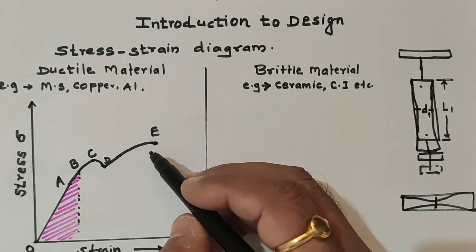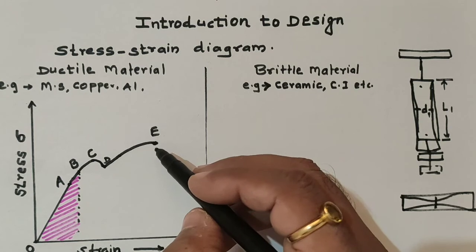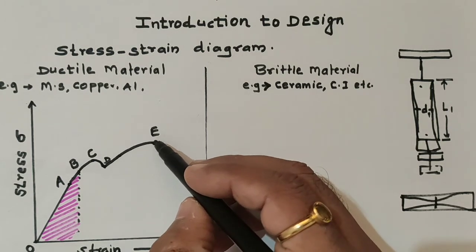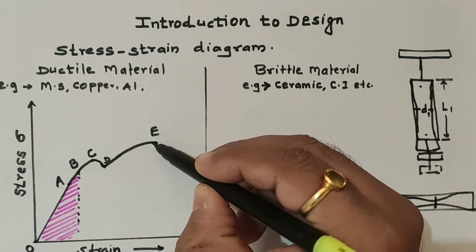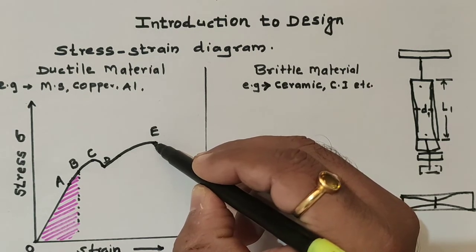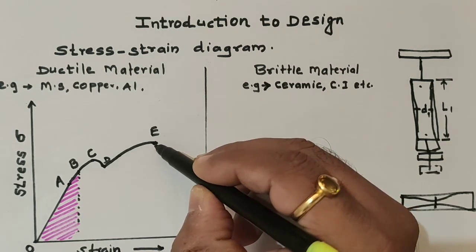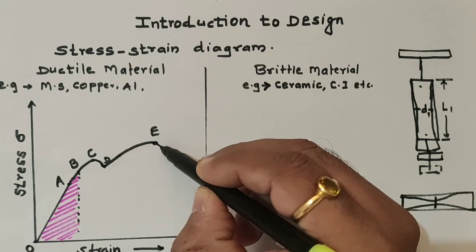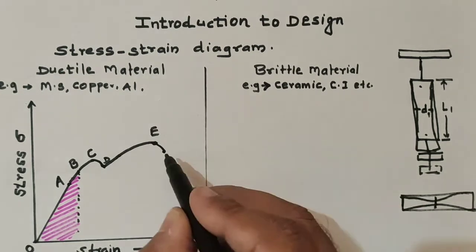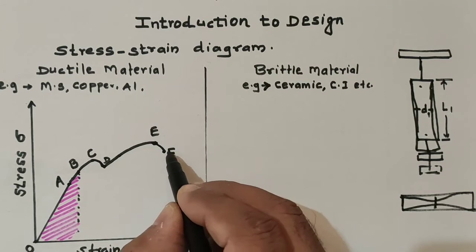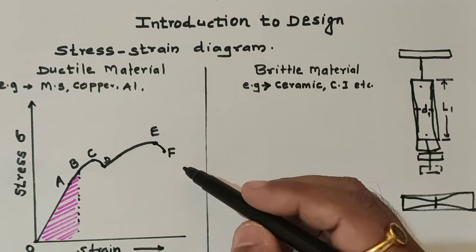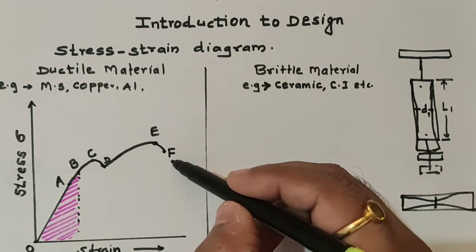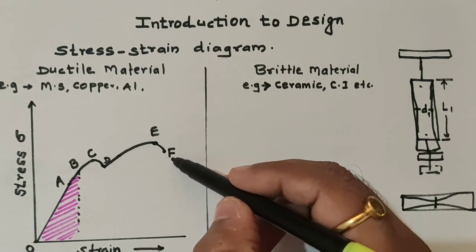At this point, the stress required to break the specimen is less than the maximum stress. Now this is the maximum stress. For breaking, this material requires very little stress. So at point F the material will break, and the corresponding stress is known as the breaking stress.